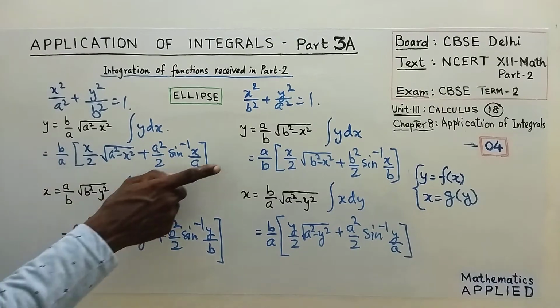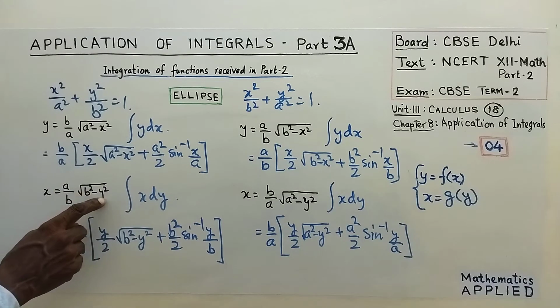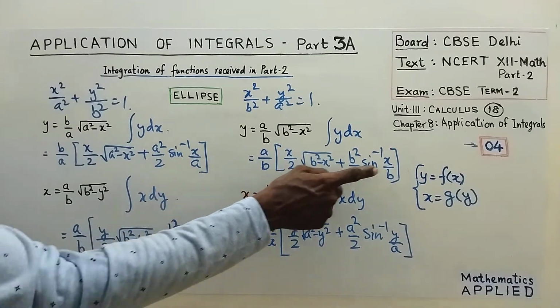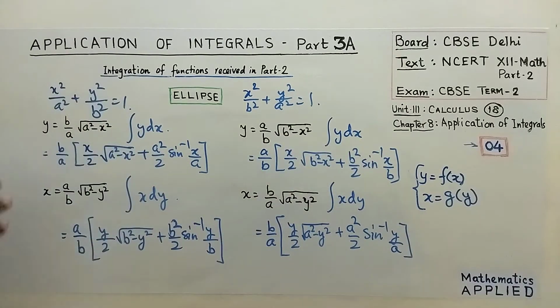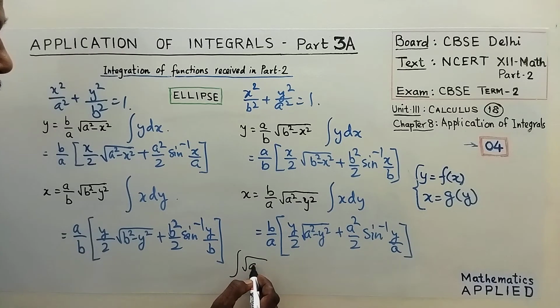See, all of this has a pattern. Here it is a by b, and root b square minus y square, and here it is b square minus x square, a by b. So you can easily remember, there is only one formula that is required, and that is the integral of root over a square minus x square. This is the relation you have to remember.